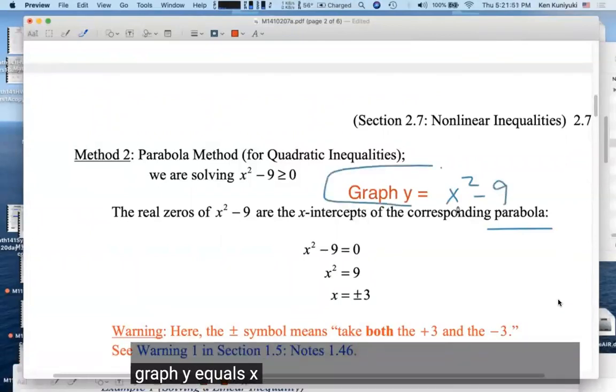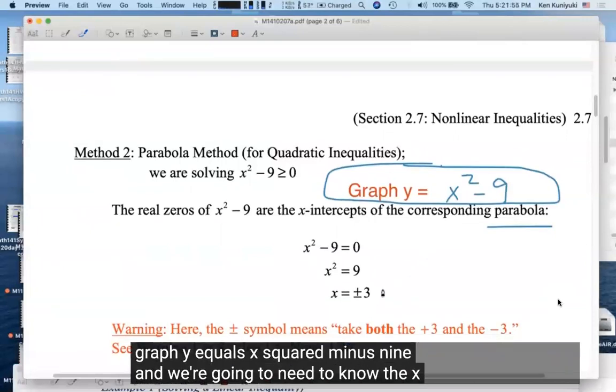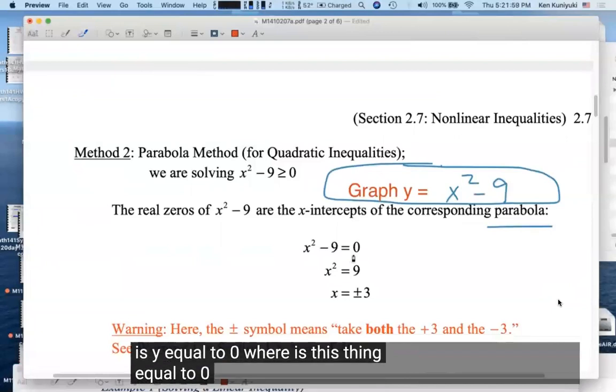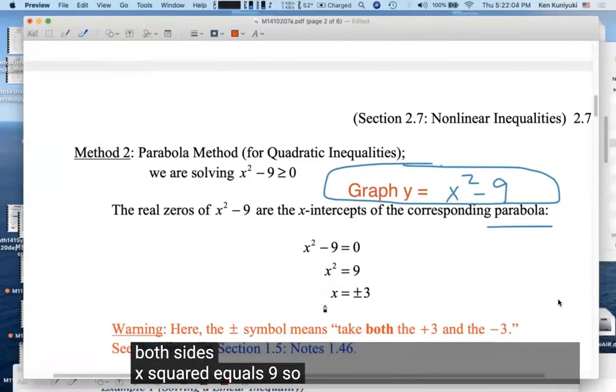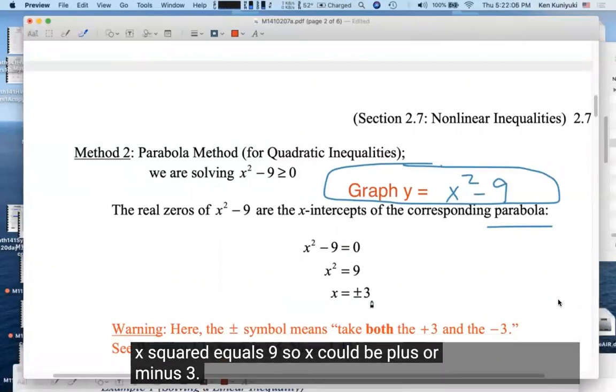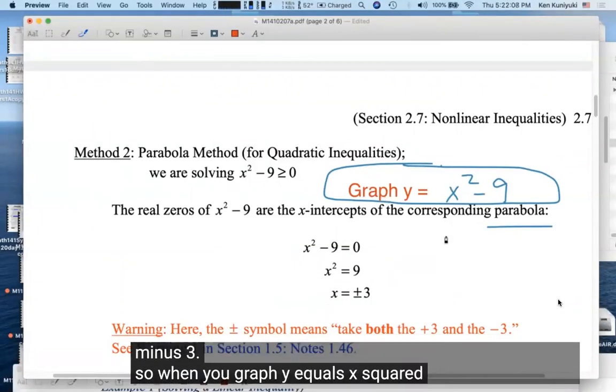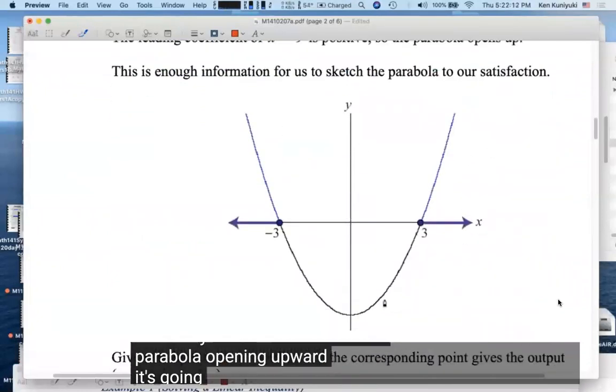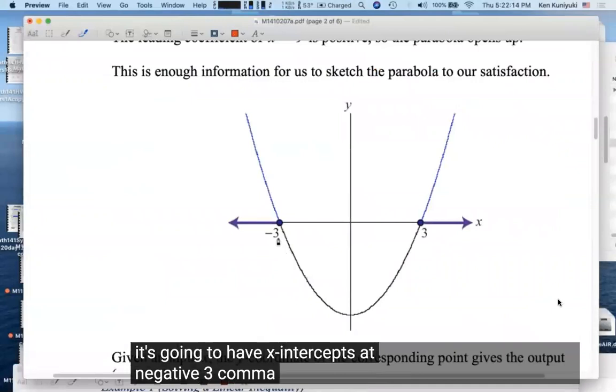We're going to need to know the x-intercepts. Where is y equal to 0? Here, you want to add 9 to both sides. x squared equals 9, so x could be plus or minus 3. So when you graph y equals x squared minus 9, you should know that's a parabola opening upward, with x-intercepts at (-3, 0) and (3, 0).